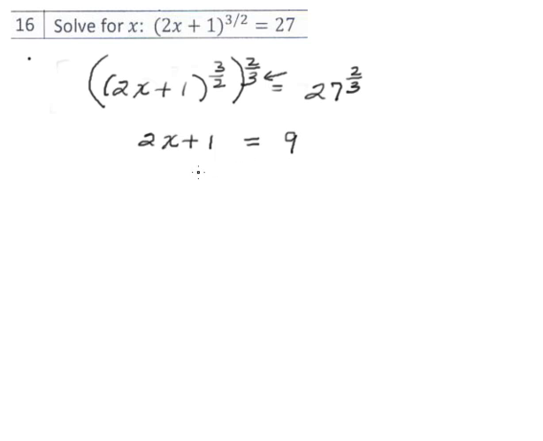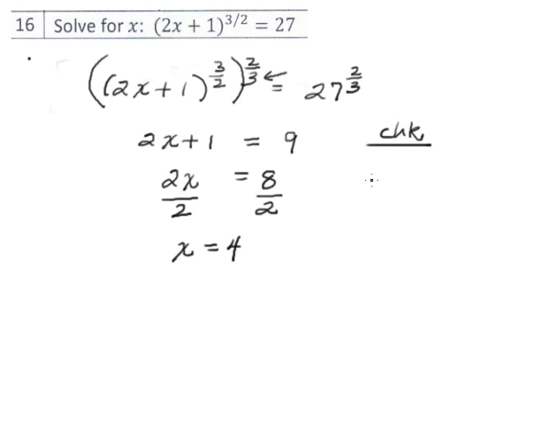Now, minus 1 from both sides gives us 2x equal to 8. And now divide by 2, and we have x equal to 4. Now let's do a check. So we're substituting in x equal 4 into the original equation. So we have 4 times 2 is 8, plus 1 is 9.